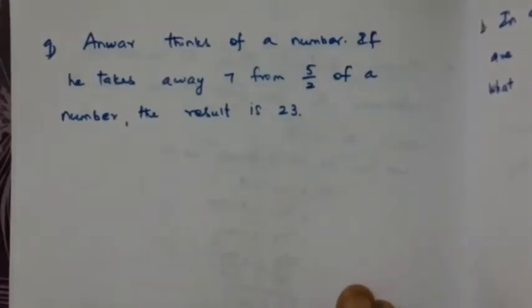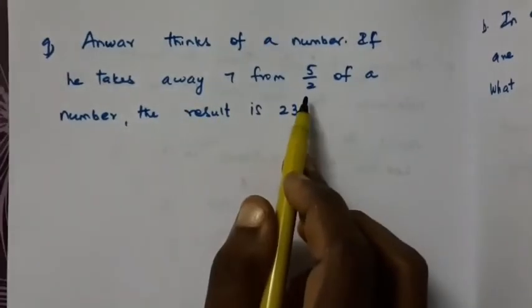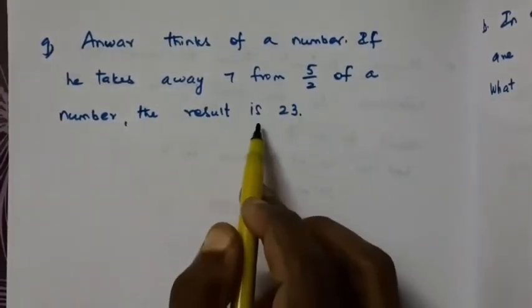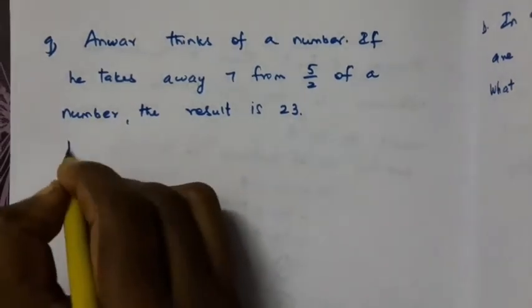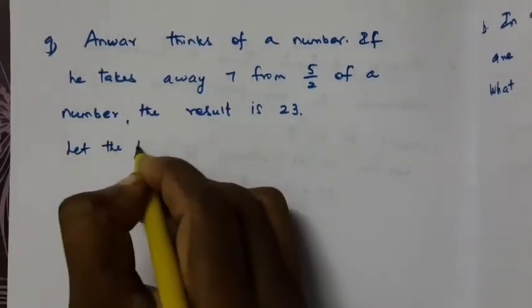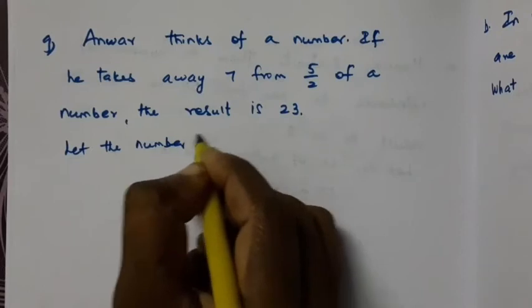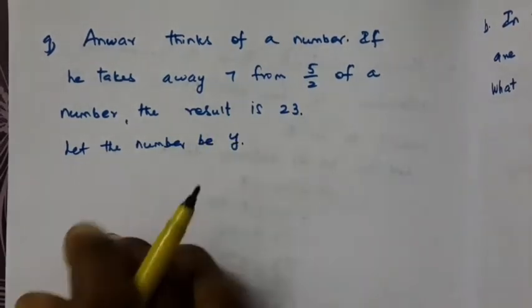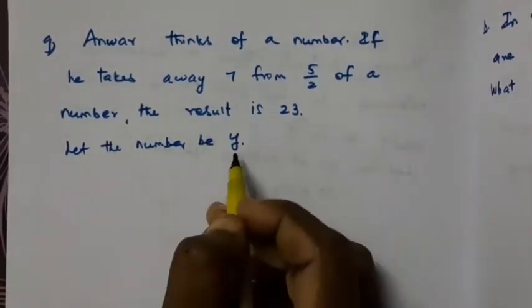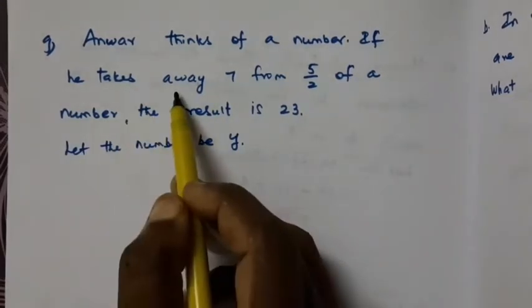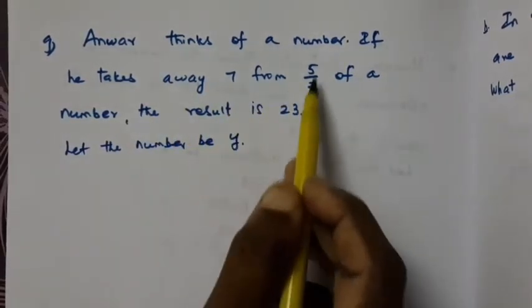Anwar thinks of a number. If he takes away 7 from 5/2 of a number, the result is 23. So let the number be y. What is 5/2 of a number?